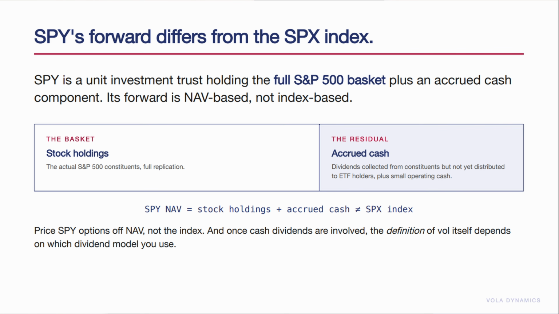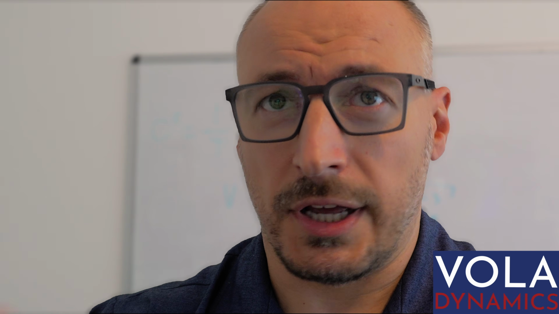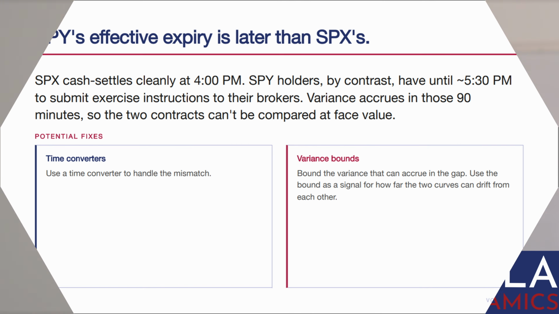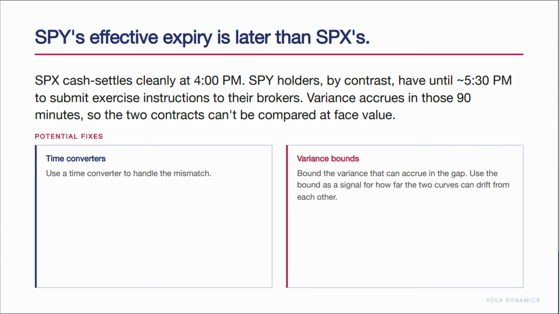This means what's your definition of volatility in the presence of cash dividends. And the last complication is American options that don't expire exactly at 9:30 or 4 p.m. as SPX options or ES options. So you need to take into account the expiry mismatch.